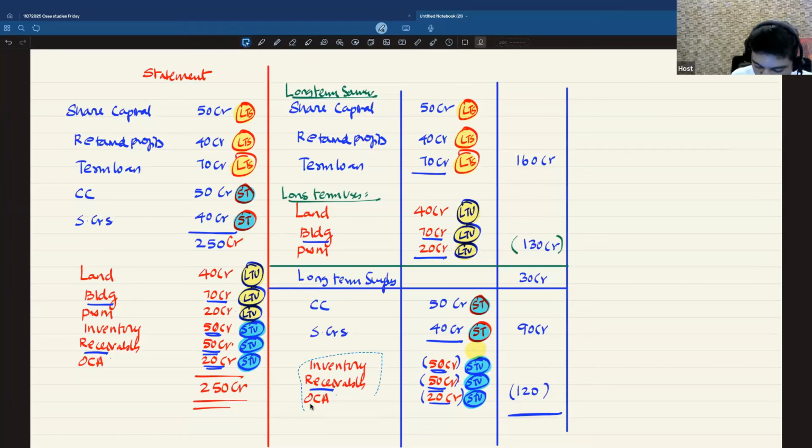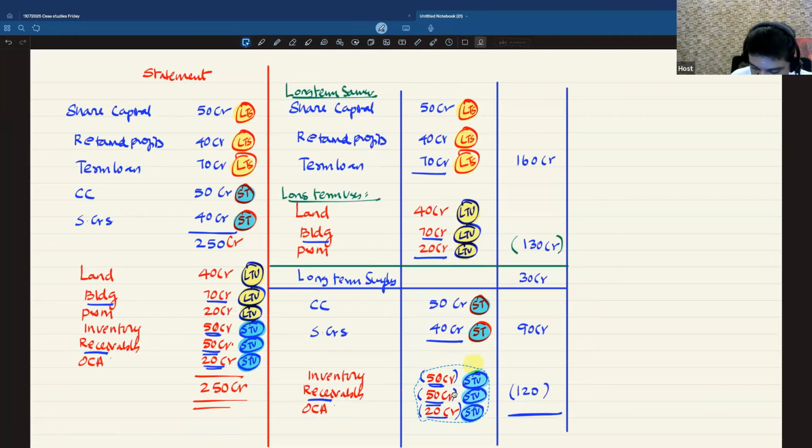On the short-term front, they have a deficit. Now, for a fair presentation, I'll just bring this 90 crore over here. You will understand why I have done that. See, look, they have 90 crore. Now, using this 90 crore, whether that 120 crore spending is possible, it is not possible. You have to recognize that from 90, 50 is paid off, another 50 is paid off, another 20 is paid off. It is not possible.